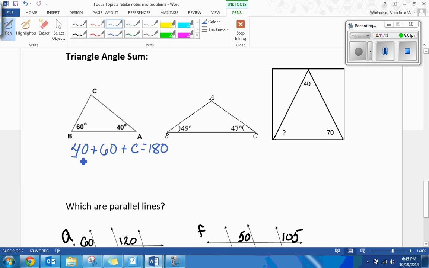Then if we add 40 and 60, we get 100. Plus C equals 180. And then we're solving for C, so we want to subtract 100 from both sides. And that's going to give us C equals 80 degrees. So there's our answer right there, 80 degrees.